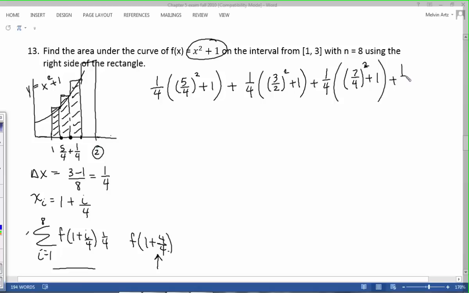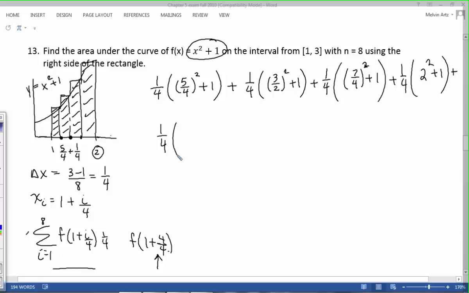So we'd have plus 1/4 times, and we said we have 2 squared plus 1. So there's the area of the fourth rectangle. Now we still have 4 more rectangles. So we would have plus, and we know the width's going to be 1/4. And if we went back to our Riemann sum, we'd be plugging in 5.